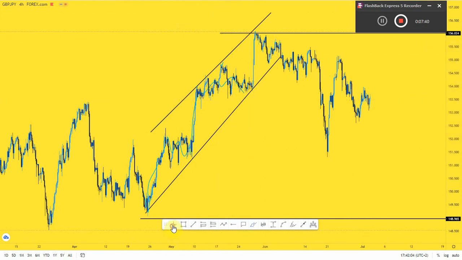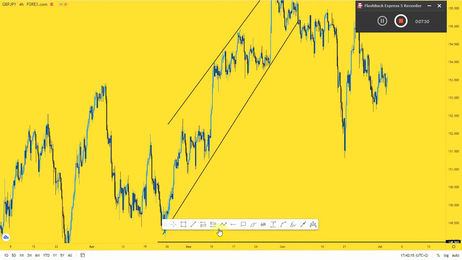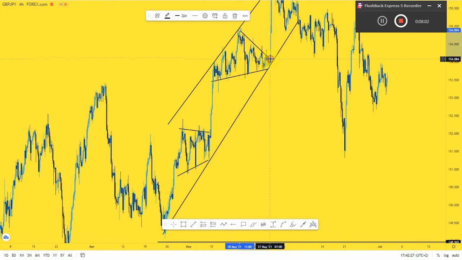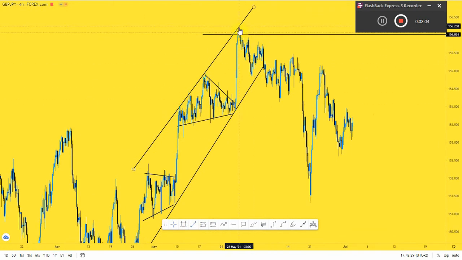That's how the market moves. That's how at Falcon they like to trade the market. Pure price action, no indicator. Okay, so with impulse move here, correction, impulse move, correction, impulse move, correction.